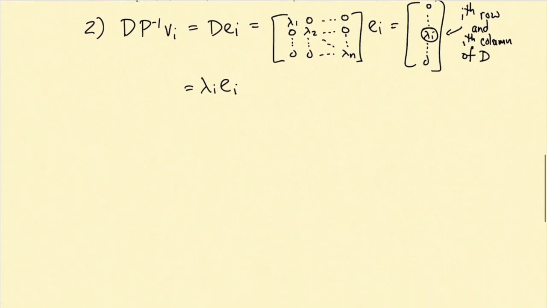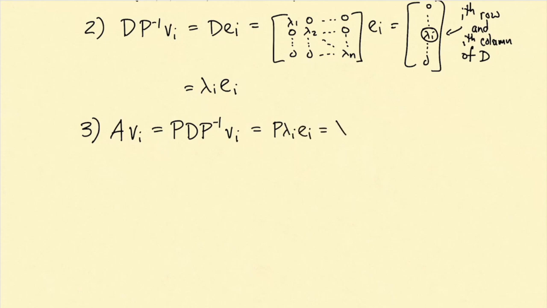And finally, we can compute A times v_i, replacing D P inverse v_i by lambda i e_i, and using linearity to pull the scalar through the matrix multiplication. We're left with lambda i P times e_i.